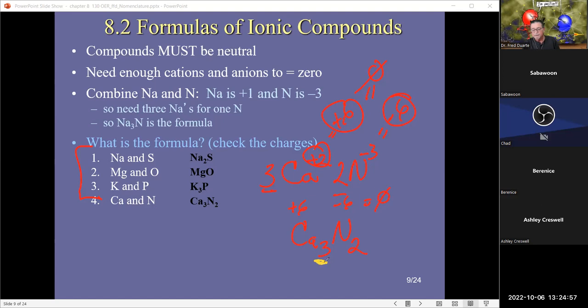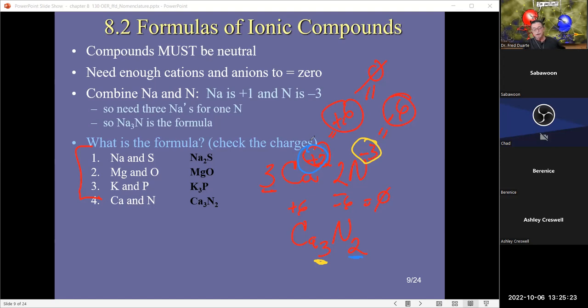The subscript of the cation was the charge of the anion, right? And guess what? The subscript of the anion was the charge of the cation. So you can use that as a kind of a guideline.